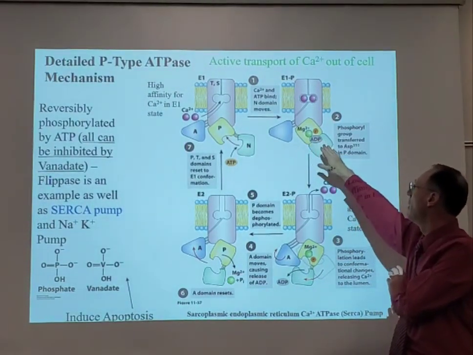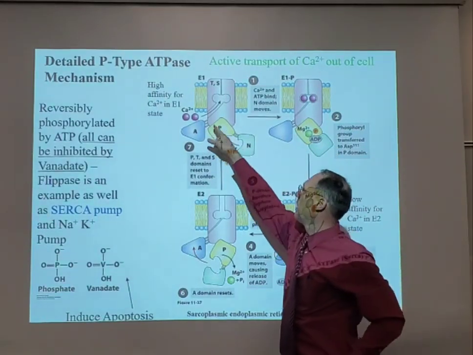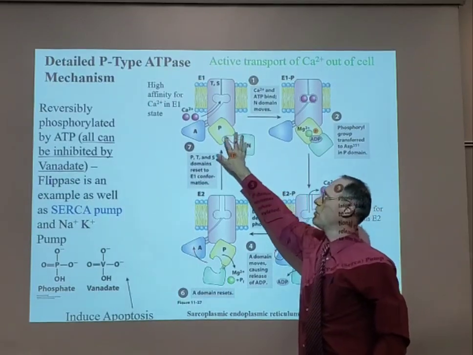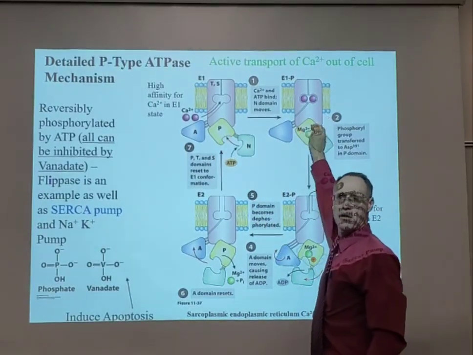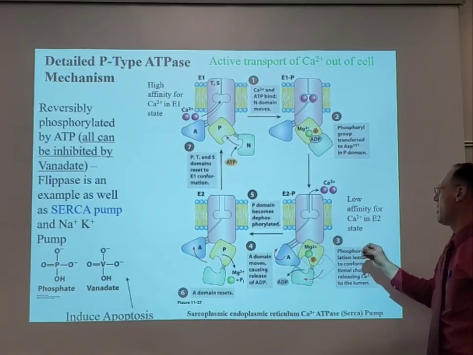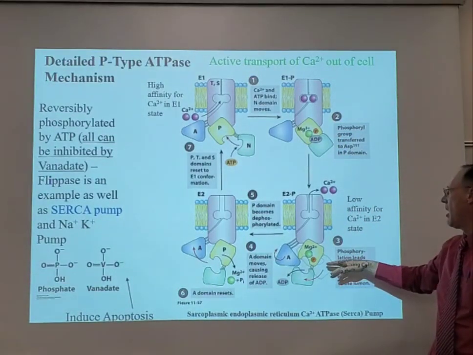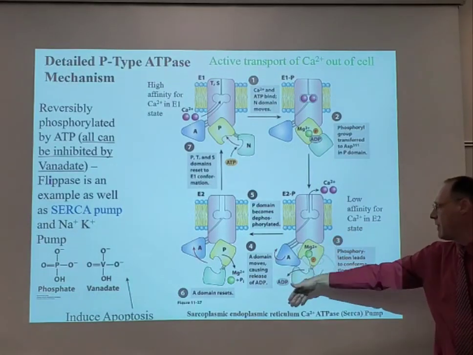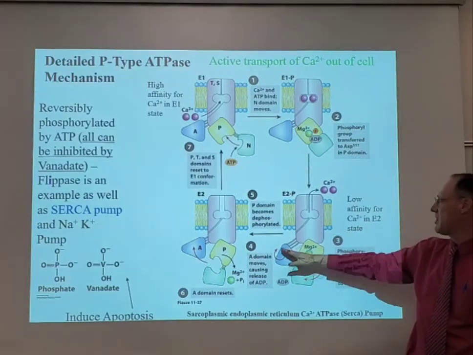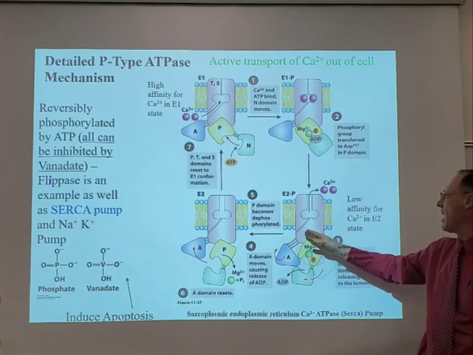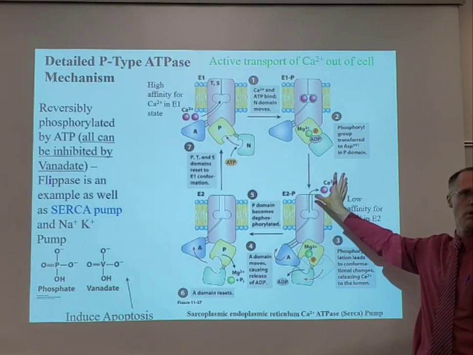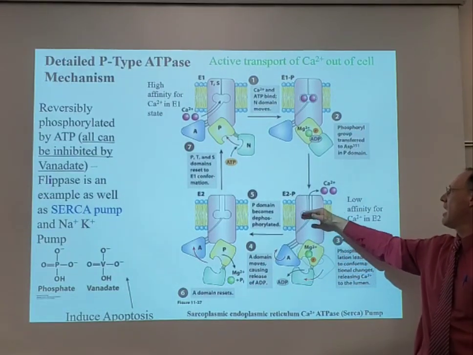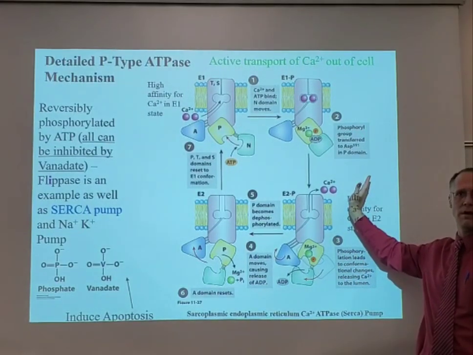Once this is here, what did it do to the channel where the calcium came in? Closed the channel. Closed it, but it didn't do it here. It was open in this position. Now it's closed. So the channel's now closed, and then in position 3, what happens? The phosphoryl group, the ADP leaves, which moves the actuator domain. In moving the actuator domain, it actually opens the pore on the other side so that the calcium isn't just closed here, it's now leaving.